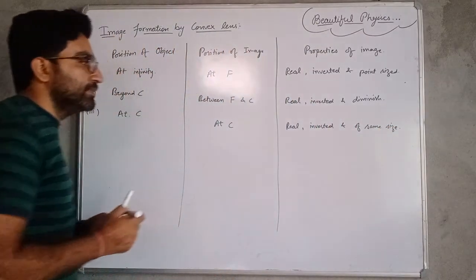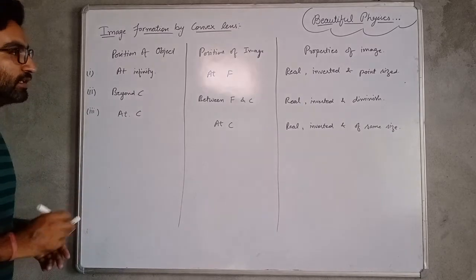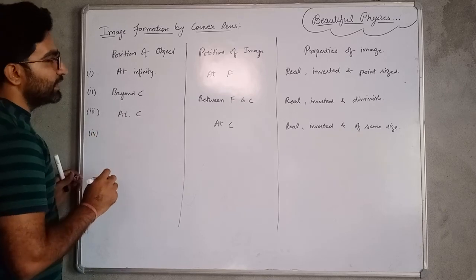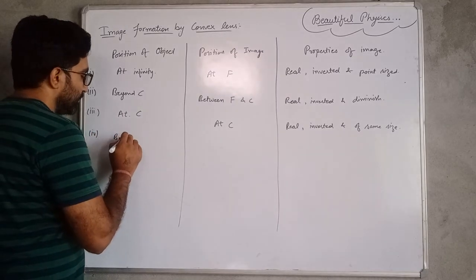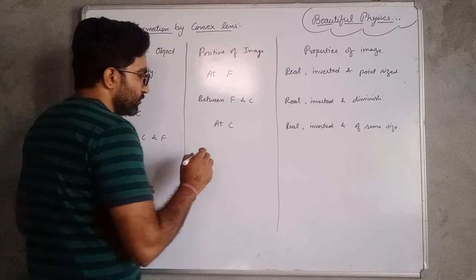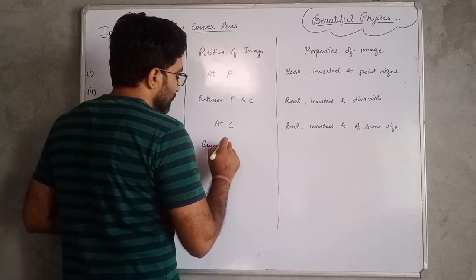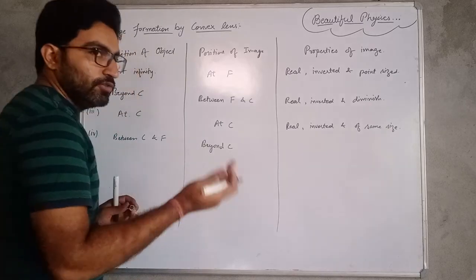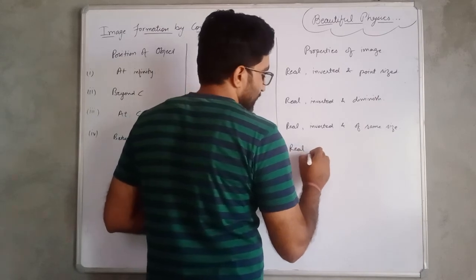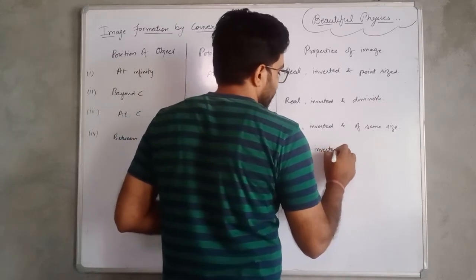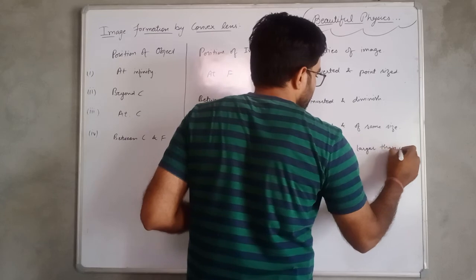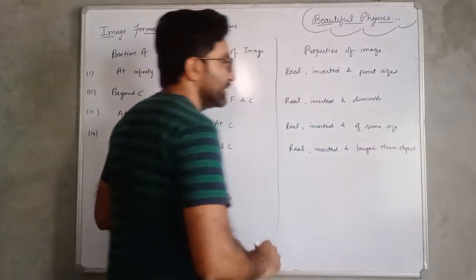Okay, of same size, whatever the size of our object is, the image will be of the same size. Next one is when the object lies between center of curvature and the focus. In this case, the image formed is beyond C, and this center of curvature is again towards the right hand side of the convex lens, and the properties of the image are real, inverted, and larger than the object.